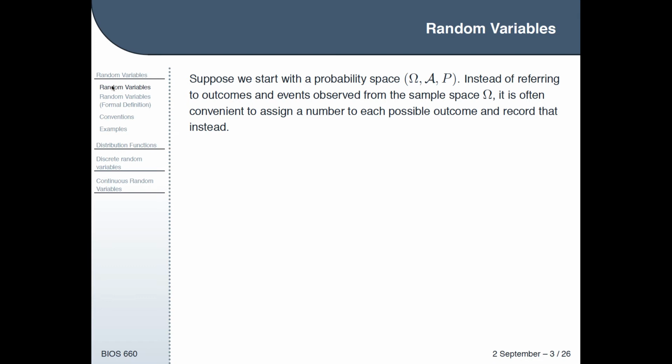That's where this idea of random variables comes in. Instead of messing with the raw sample space, you may want to assign a number to each possible outcome in your sample space and then record that instead. So, a simple example of a random variable: let's say you flip a coin 3 times. Well, in this case, our sample space is the number of different possible ordered outcomes.